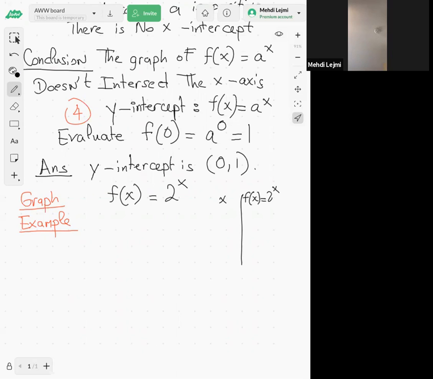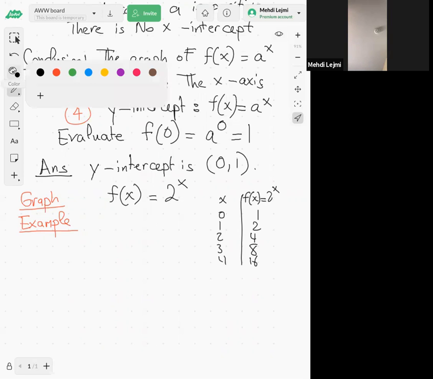For example, x is 0, 2 to the power 0 will be 1. x is 1, 2 to the power 1 is 2. x is 2, 2 to the power 2 is 4. 3, you're going to have 8. 4, you're going to have 16, etc. So you see here, your function f is increasing, right?